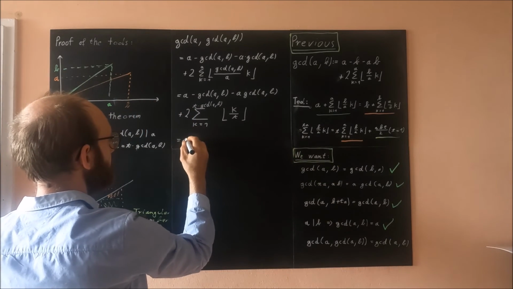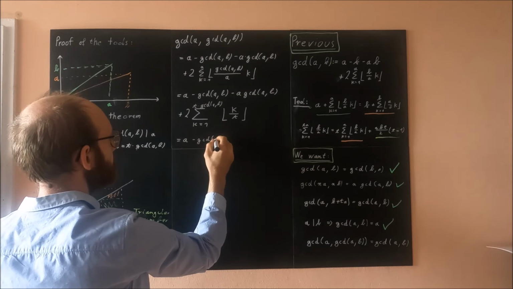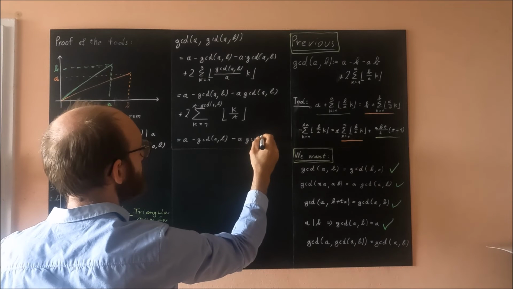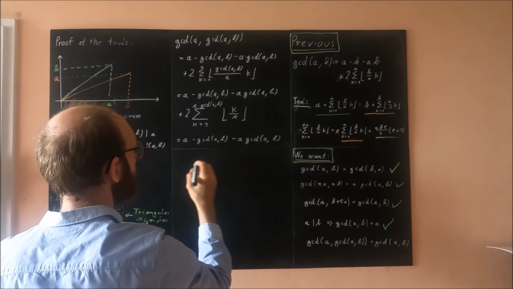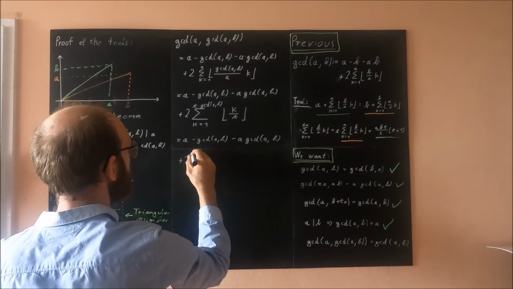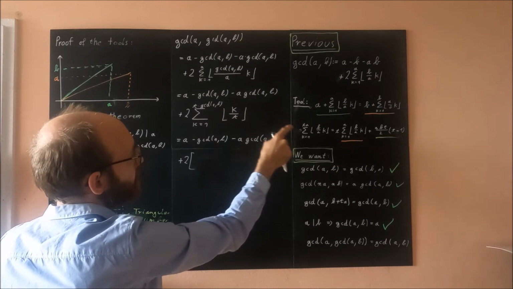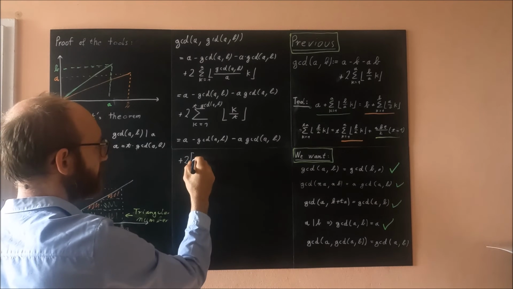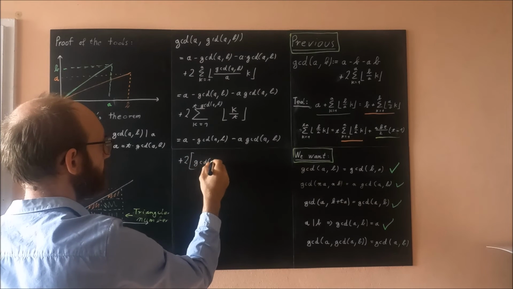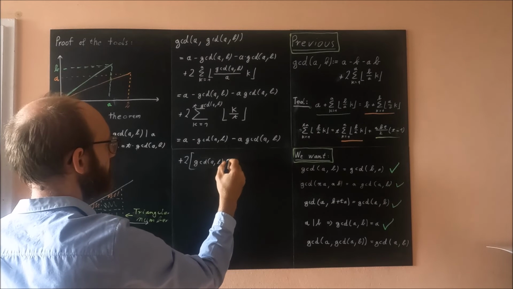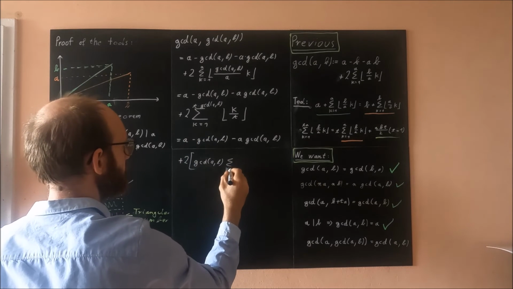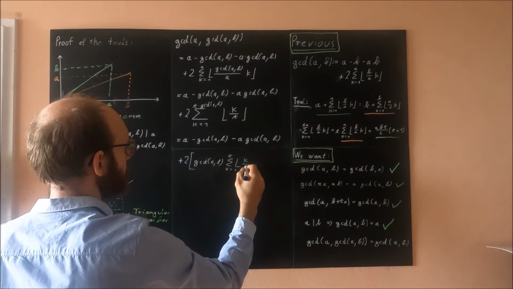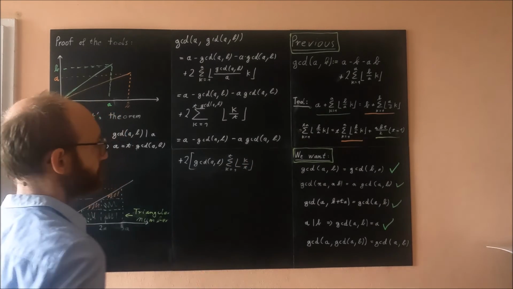So we have a minus GCD of a, b minus a times GCD of a, b plus 2 times. Here the GCD is playing the role of t. So GCD of a, b comes in front, and then we have the sum where k runs from 1 up to t of the floor of k over t. Alright.